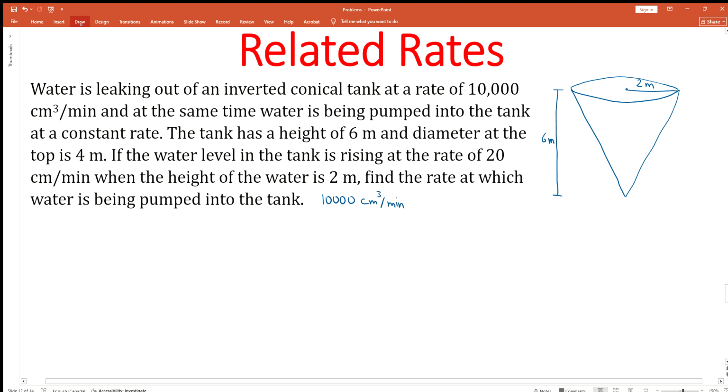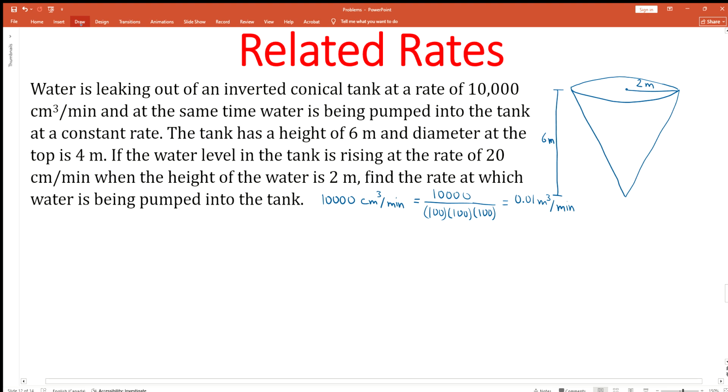We can change this rate to meter cube per minute by dividing 10,000 by 100 three times, or we divide 10,000 by 1 million. Because 1 meter is equal to 100 centimeters, I get 0.01 meter cube per minute.